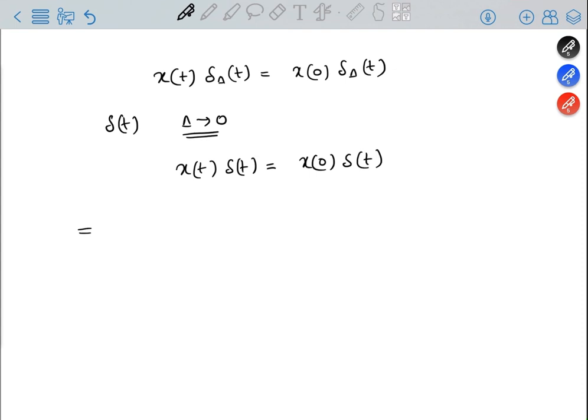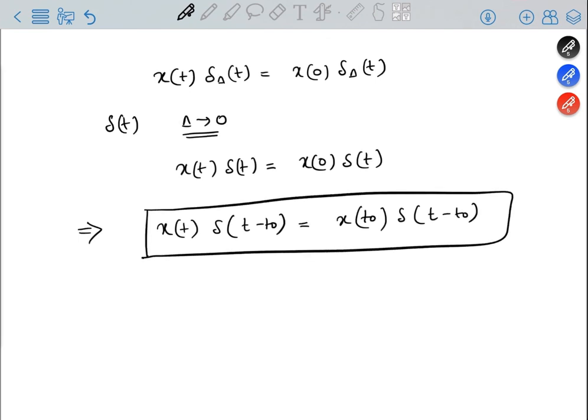Similarly, to generalize, we can have x(t) multiplied with delta(t minus t0), where t0 can be any value. In the output we get the value of the signal at x(t0) multiplied with the delta function, which is delta(t minus t0). This is a more generalized version of sampling, and it is called the sampling property in the continuous time case, which is quite similar to that of the discrete time case.